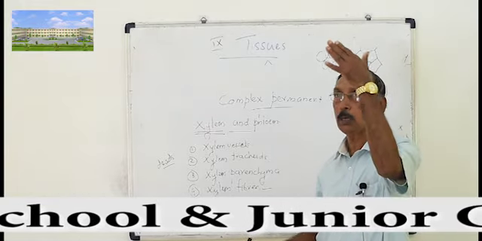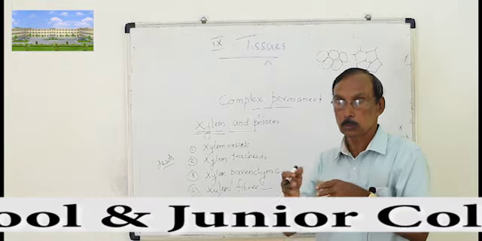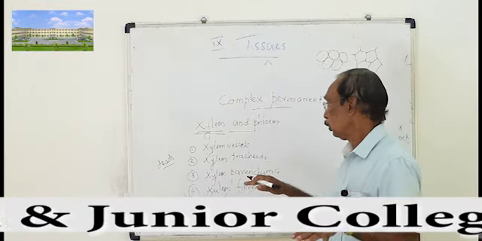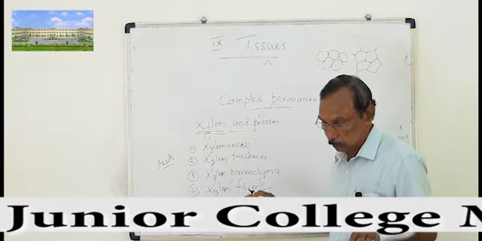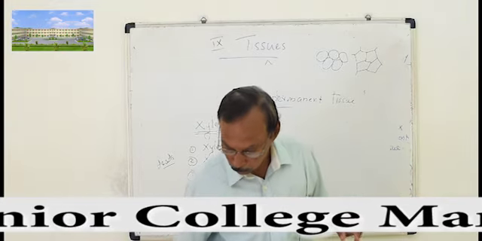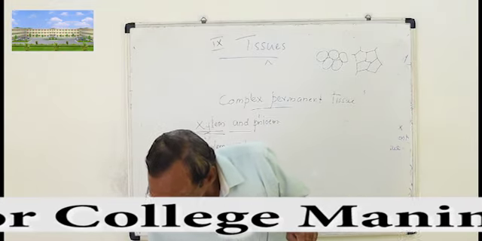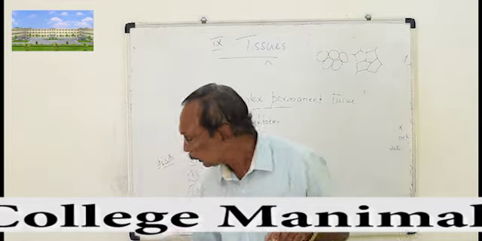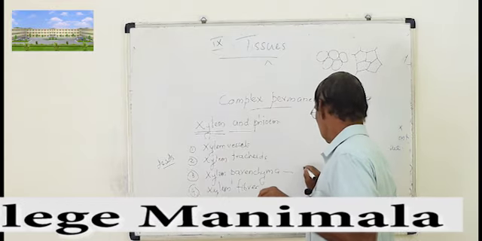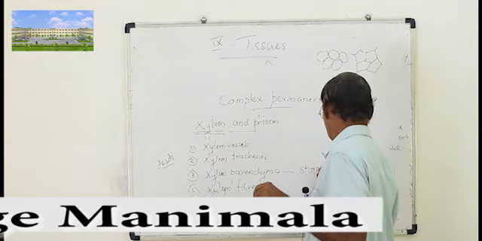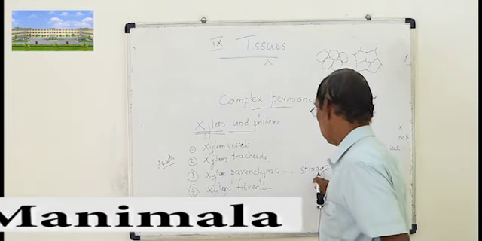Water, if it is only going up, will not serve the purpose. You can see water can go sideways too. Xylem parenchyma will help the sideways transport of water. Another function is storage: they help storage of food material and sideways transport.